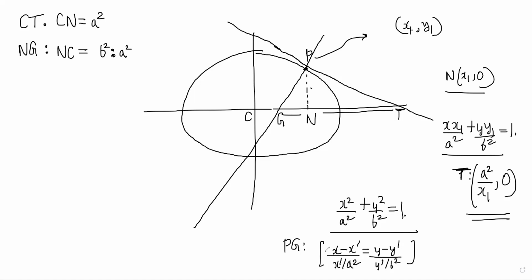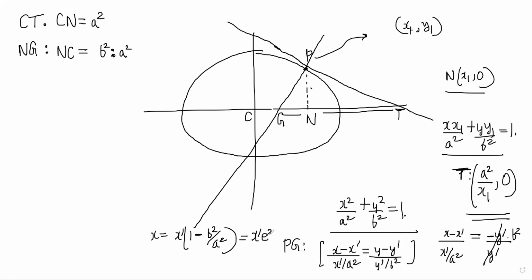In this you put y is equal to 0, you will get (x minus x dash) by (x dash by a square) is equal to minus y dash by (y dash by b square). So you'll get minus x dash b square by a square plus x dash. So x is equal to x dash times (1 minus b square by a square). So this becomes 1 minus b square by a square, which is e square, right?